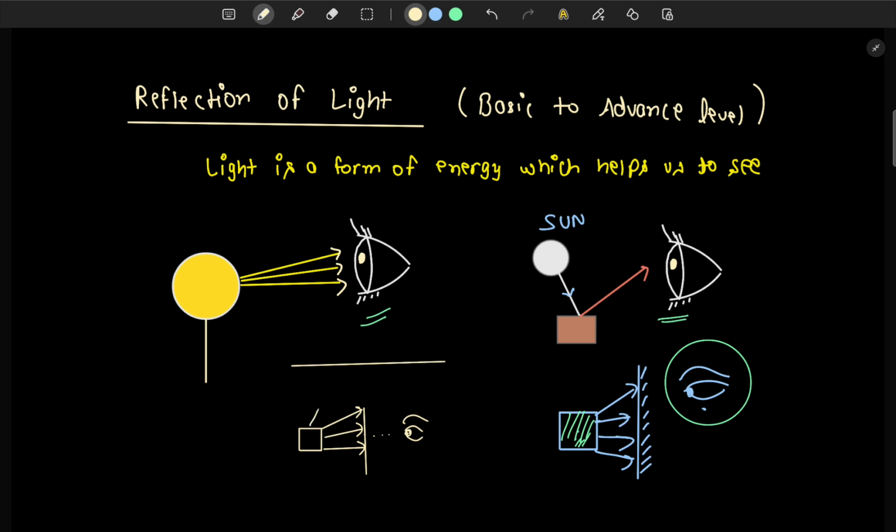Now what will happen? The rays from this object will come here, and after striking they will reach here. So in this way, this person can see the object even though there is a wall between them. Okay, I can put a mirror, and from that mirror light rays can come here and reach the eye of the person, and he can see the object.